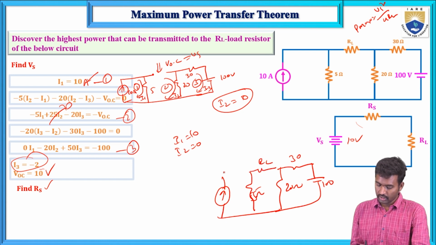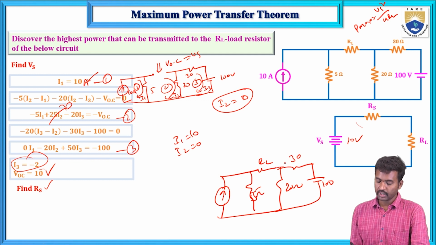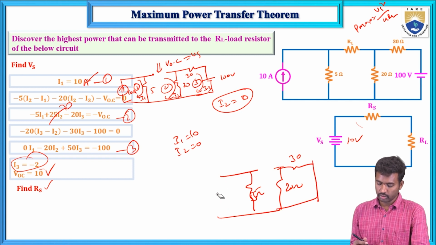This is the RL, and this is closed, short circuit. What are the steps to calculate the RS value? First, remove the load resistance from the given circuit. The voltage source is replaced by a short circuit and the current source is replaced by an open circuit.